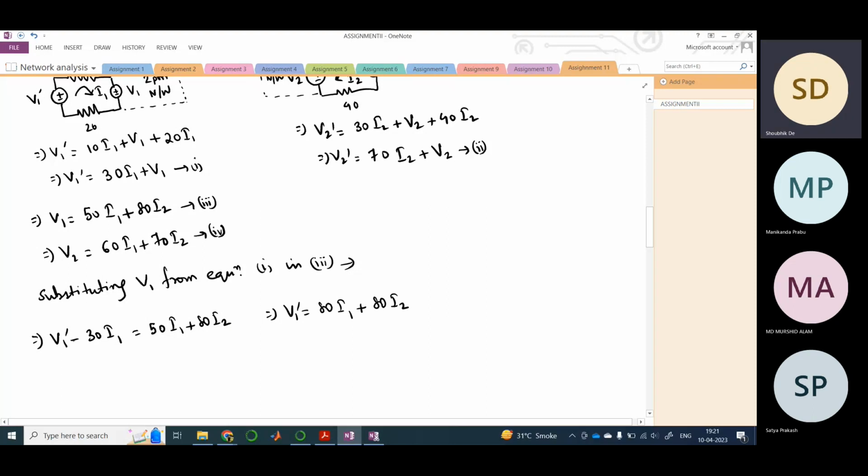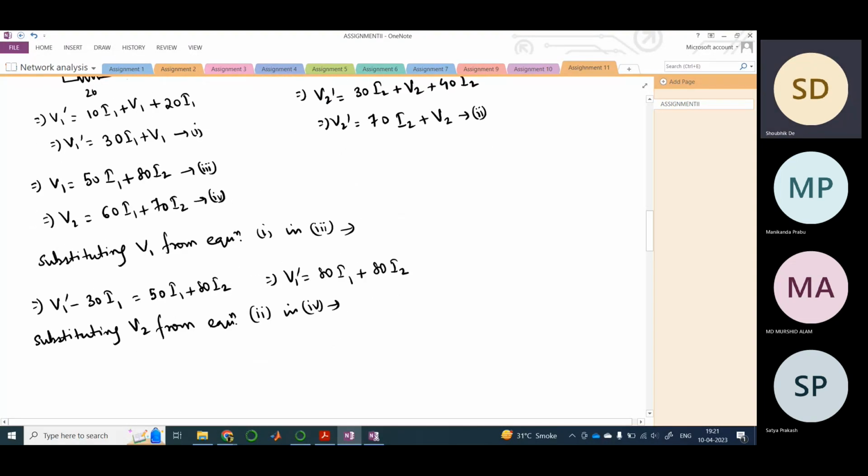In the same way, we do the same for V2 also. Substituting V2 from equation 2 in 4, this would be V2 dash minus 70 I2 equals 60 I1 plus 70 I2.